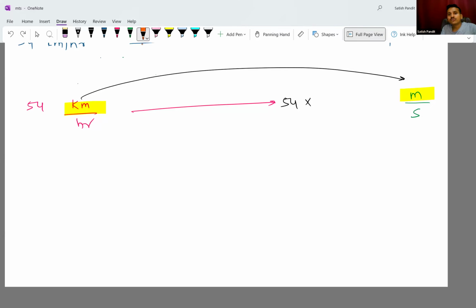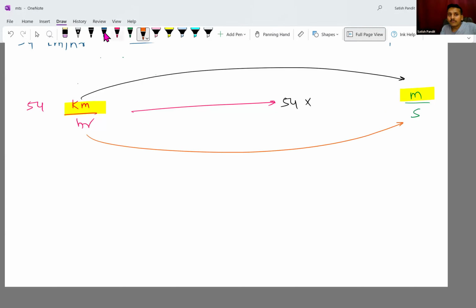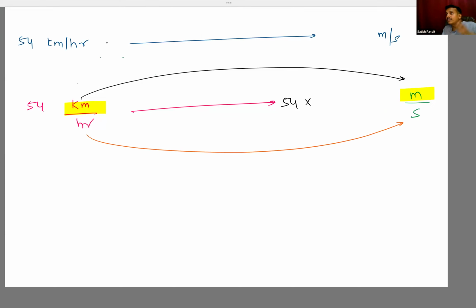When you convert kilometer to meter, we have already learned it: 3 jump down, 10 to the power 3. 10 to the power 3 means 1 followed by 3 zeros. You have to remember the ladder diagram.